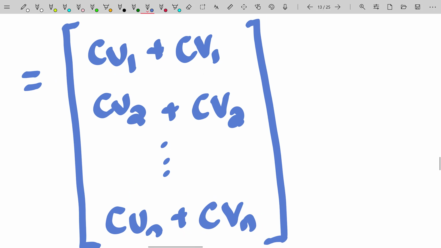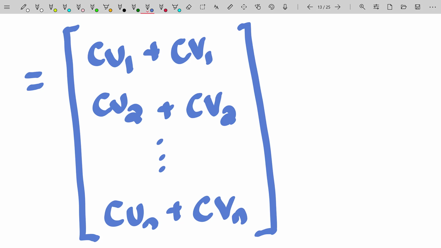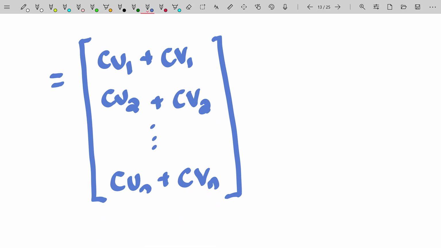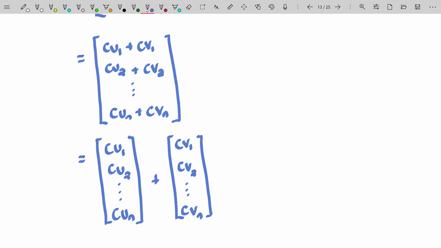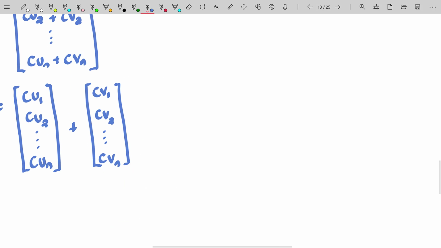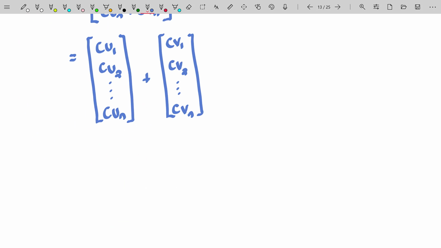We happen to have a property of vector addition, so we can do the opposite of vector addition and say, okay, if I have a single vector where each of its entries is just a sum of two numbers, I can break that into the sum of two vectors. And like I mentioned before, you might have an instructor that requires you to state this is by the vector addition property. If that's the case, you just want to state that off to the right here, vector addition property.